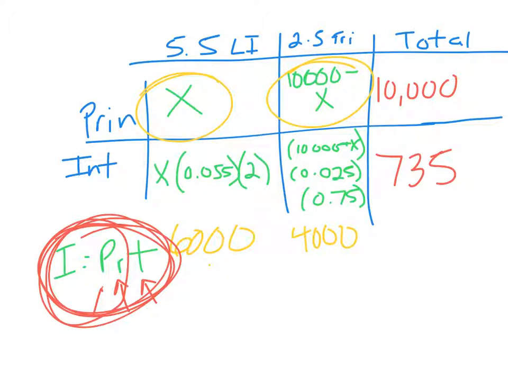We need to make sure we put that into each box for each lending institution, and that's what we did down there with the 5.5% lending institution. We incorporated that and the amount of time, and then with the 2.5% friend, we incorporated that and the amount of time as well. So it's a matter of just adding those two together to get the total of interest that was accrued over that time. And so that will tell us how much was then borrowed from each individual or each lending institution.